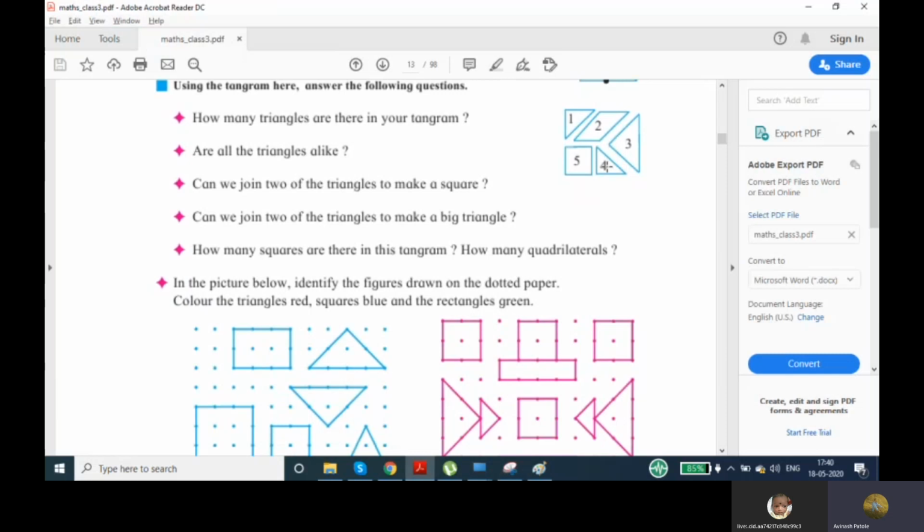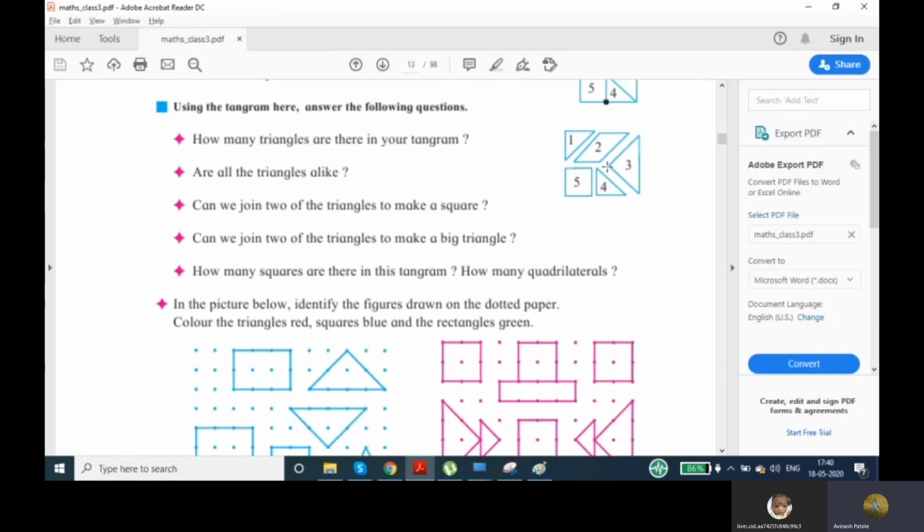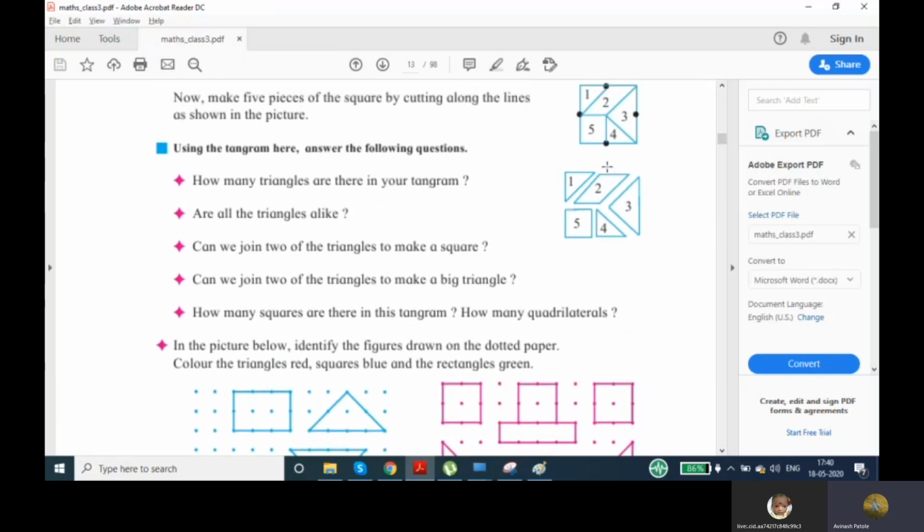Can we join 2 of the triangles to make a square? That's a beautiful question. Now to understand this, if we go further, we can see that yes, if we join triangle number 1 and 4, we can certainly make a square. So you can join triangle number 1 and 4, and yes, you can see that it forms a square.